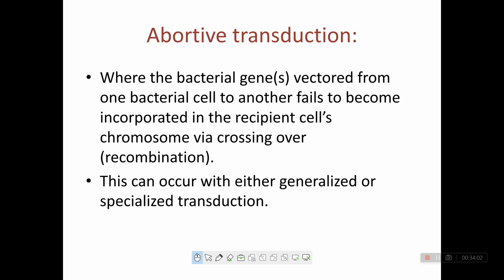What happens in abortive transduction? In abortive transduction, bacterial genes vectored from one bacterial cell to another fail to become incorporated in the recipient cell chromosome via crossing over. This can occur with either generalized or specialized transduction. Actually, abortive transduction is not another type of transduction.